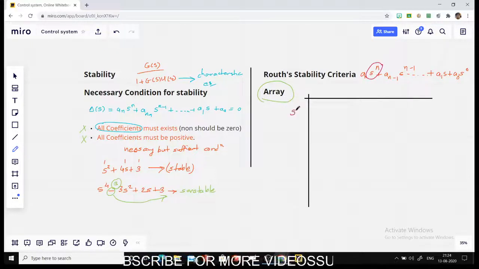So the first row of my array will be s raised to n and it will cover all even coefficients, as in skipping one coefficient every time.